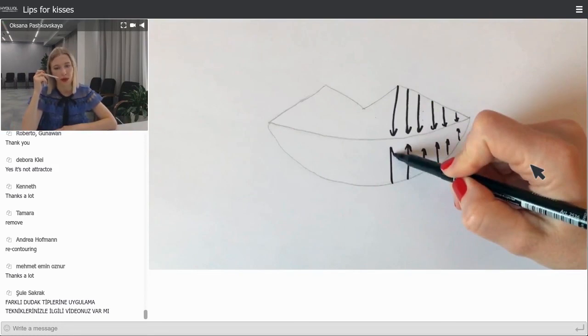Don't stop before the closure line, and don't go further than the closure line. Just reach the closure line, and then when you come back, you put the filler. And also don't make the injections so frequently. I make a step of about half a centimeter, and that also works.